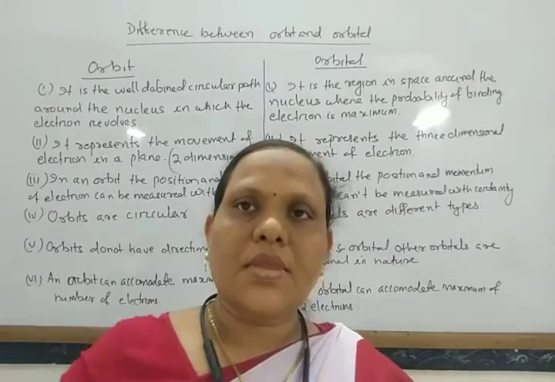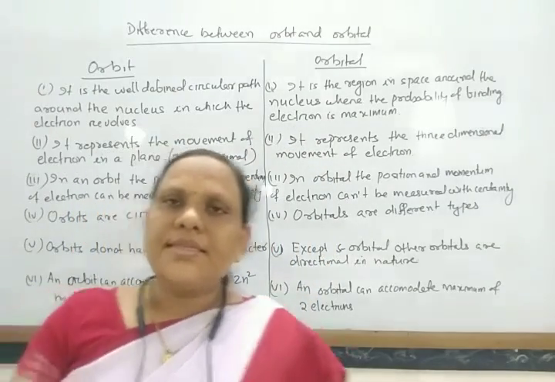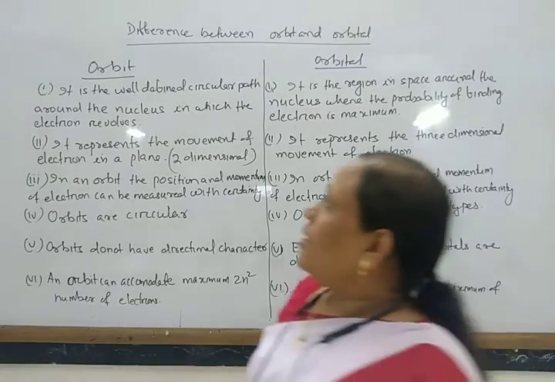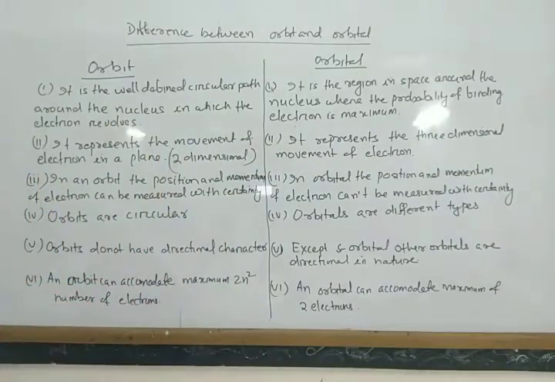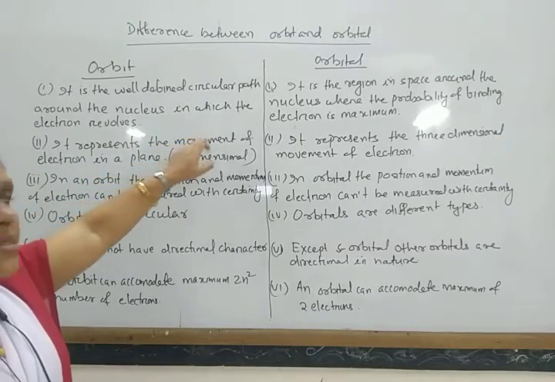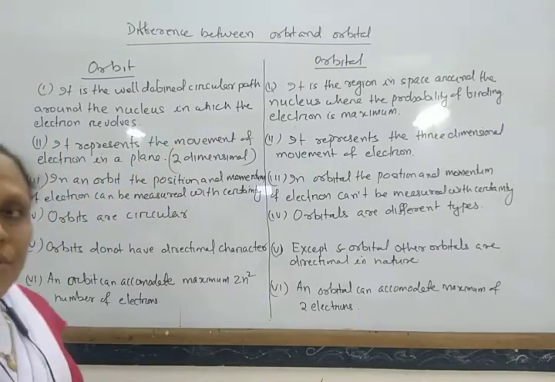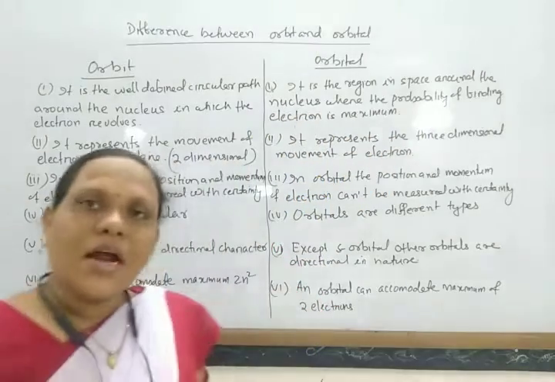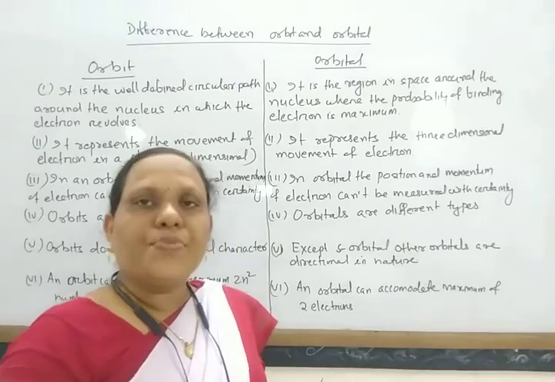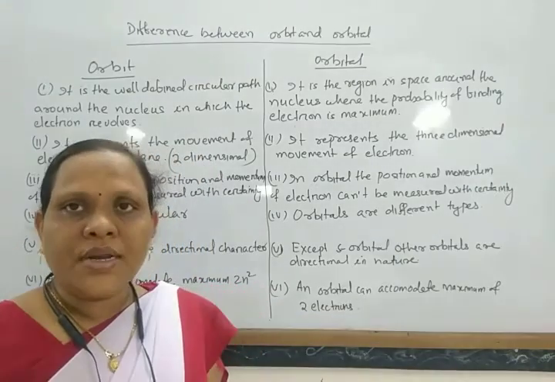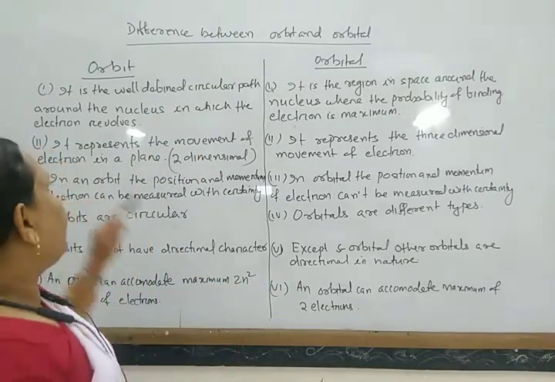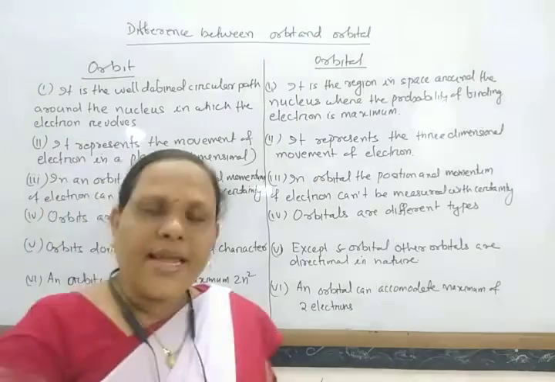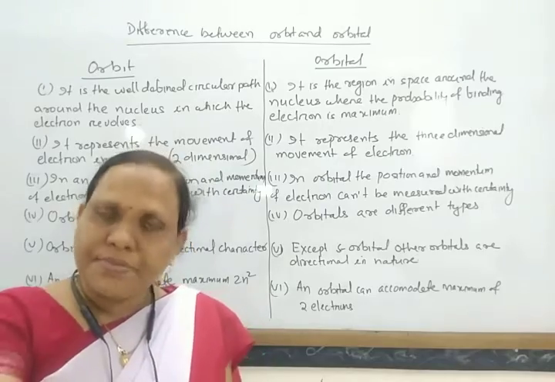An orbit is a well-defined circular path around the nucleus in which the electron revolves, and an orbital is the region in space around the nucleus where the probability of finding the electron is maximum. An orbit represents the movement of the electron in a plane. That is, the circular path is present in a plane.